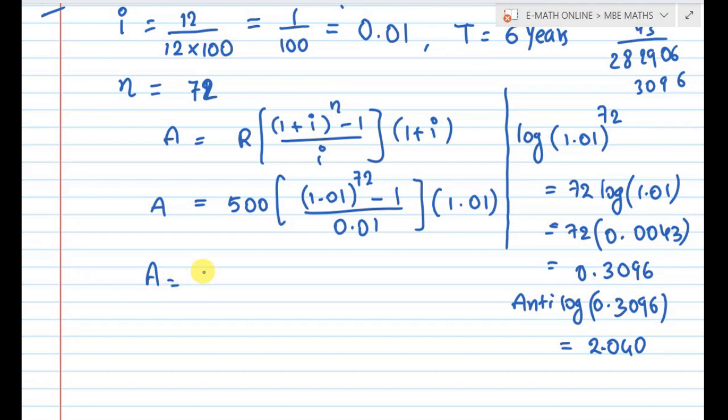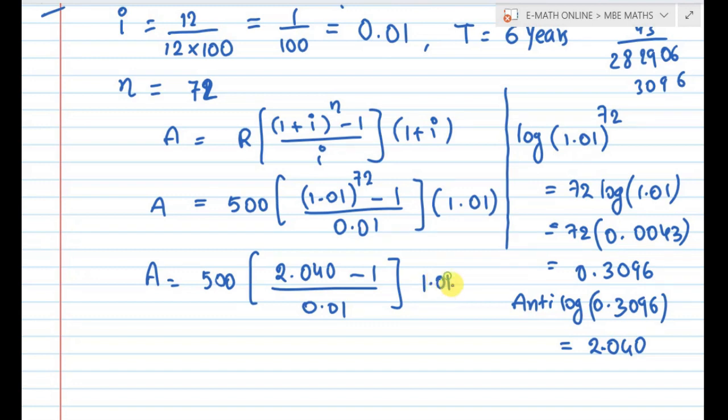Now therefore A equal to 500 times (2.040 minus 1) whole divided by 0.01 into 1.01.